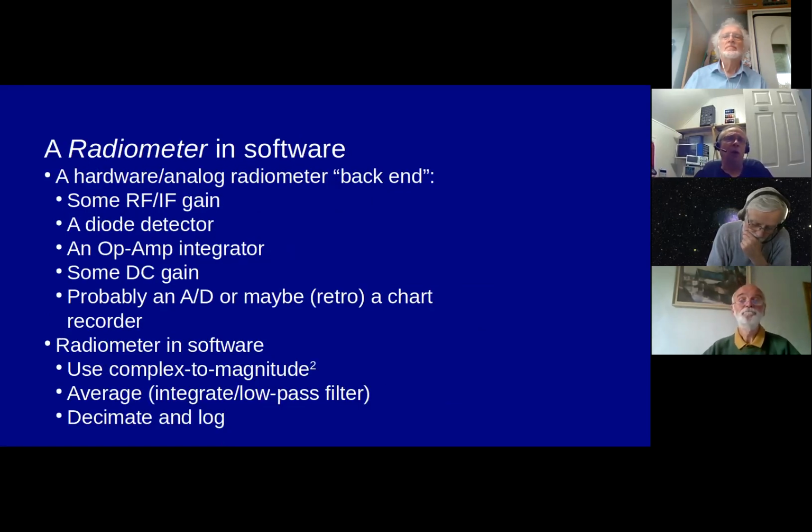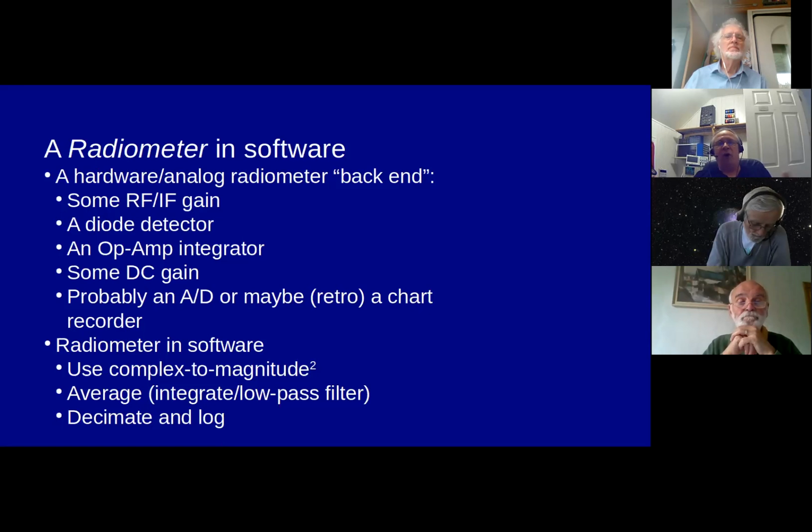So a radiometer is something that measures the radiated energy or the radiated power of something. And as I mentioned earlier, your typical radio telescope is essentially a radiometer, a single pixel radiometer. In the old days, you would do this in hardware.